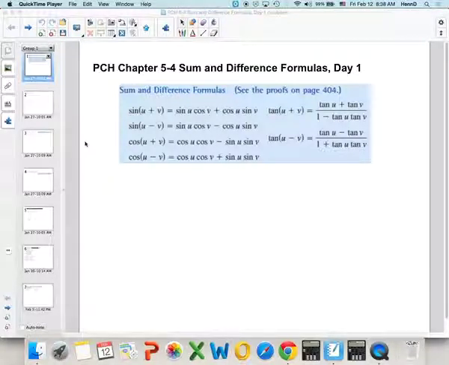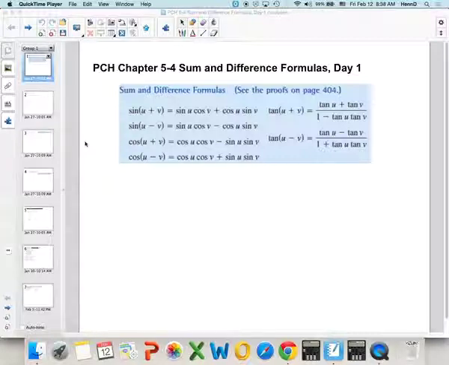Notice when we're taking the sine, you end up taking both the sine and the cosine of each of the angles, but it's just a matter of how you combine them.